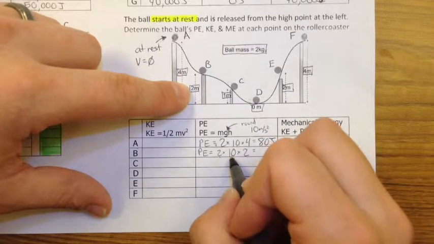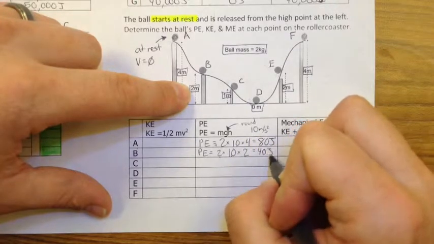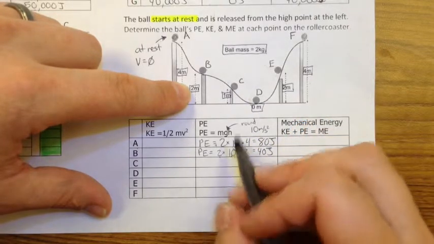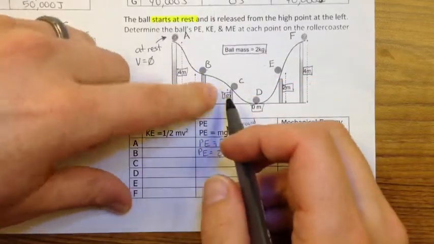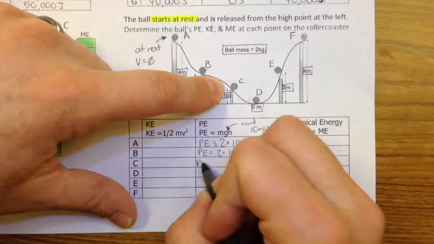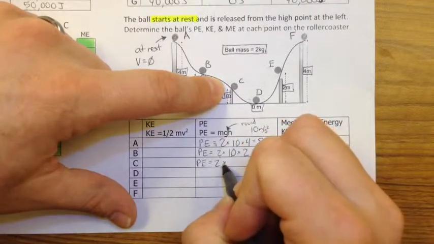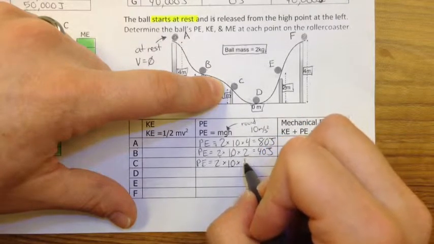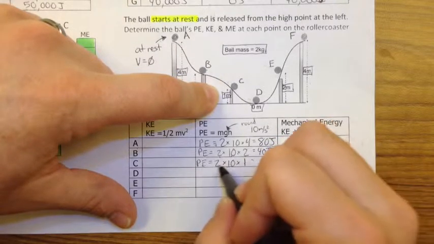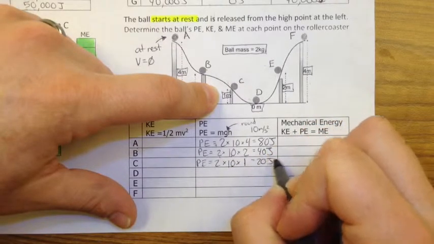So 2 times 10 is 20, 20 times 2 is 40. 40 joules of potential energy at position B. At position C now, potential energy, mass of 2 kilograms, multiplied by gravity of 10, multiplied by a height of only 1 meter. 2 times 10 is 20, times 1 is still 20. 20 joules.